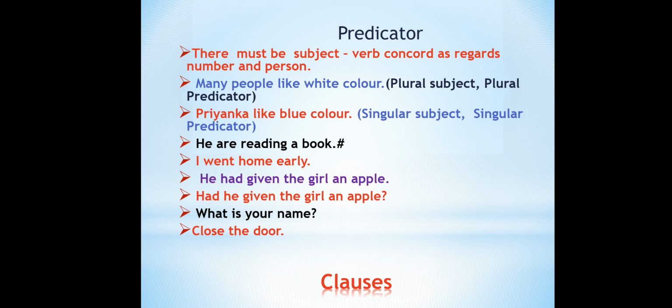Then, had he given the girl an apple? This is an interrogative sentence, a question, and in this question the subject is placed between the auxiliary verb and the main verb.